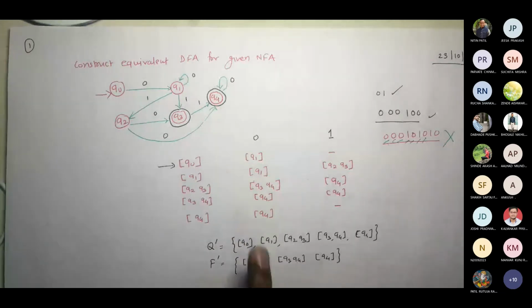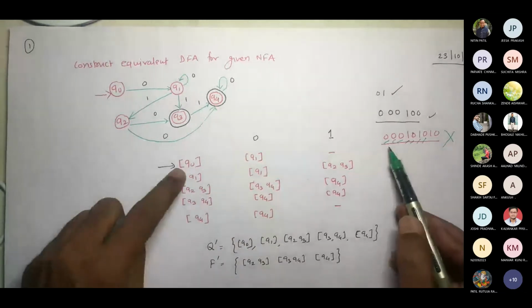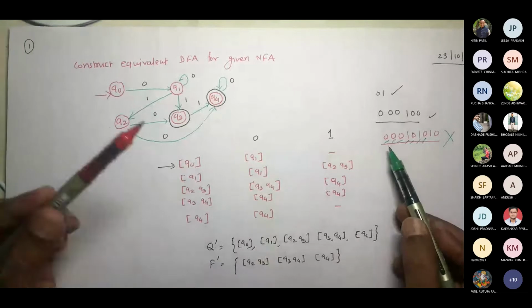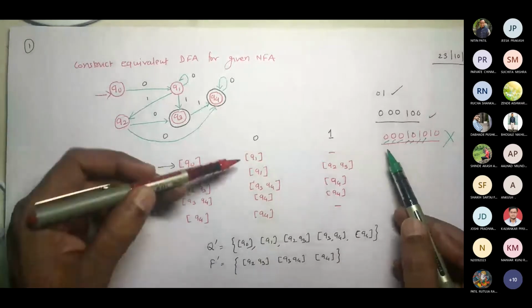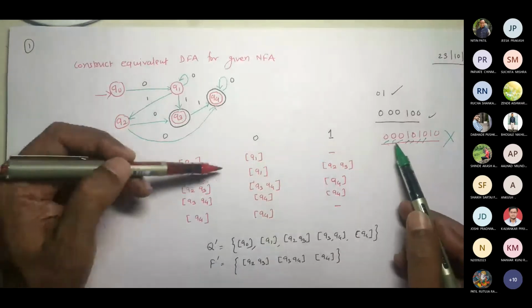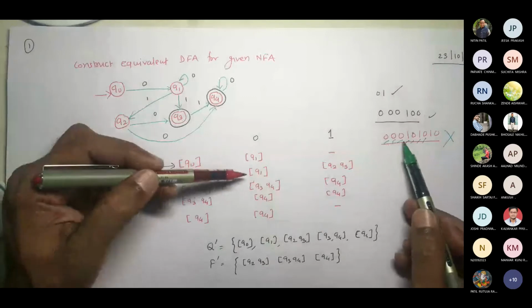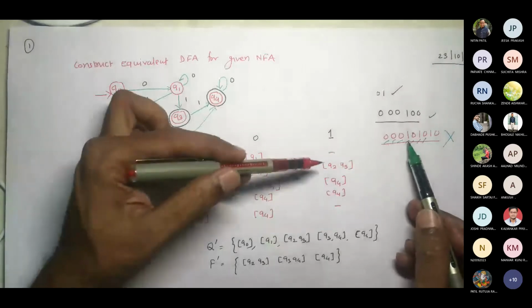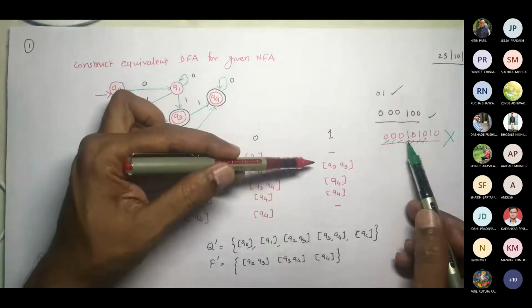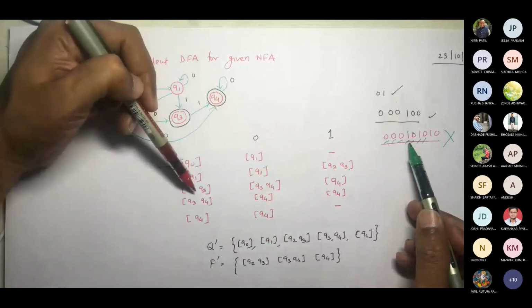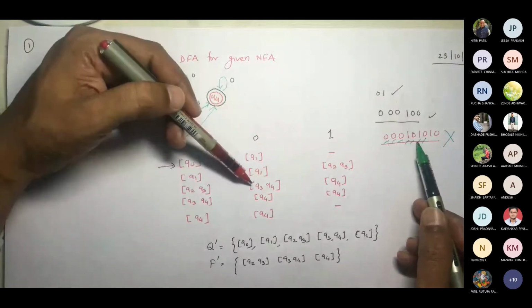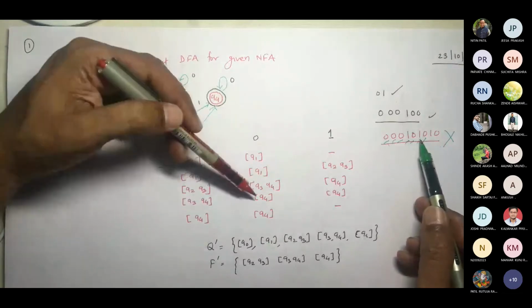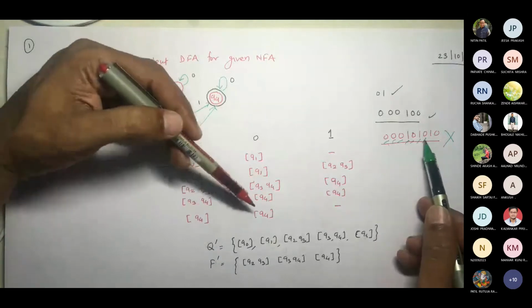The same case should happen here as well. So let us go. Q0 on 0 is Q1, Q1 on 0 is Q1, Q1 on 0 is Q1, Q1 on 1 is Q2, Q3. Correct? Q2, Q3 on 0 is Q3, Q4. Q3, Q4 on 1 is Q4. Q4 on 0 is Q4.